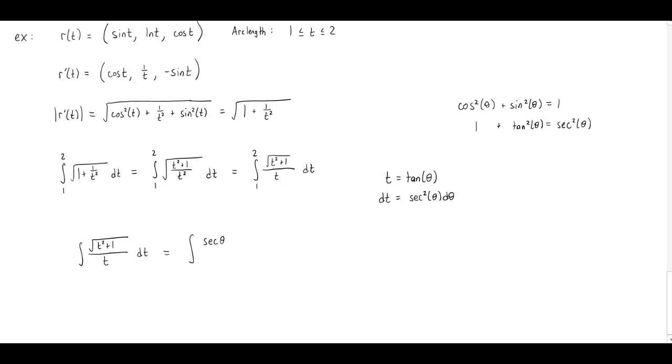Dividing by t, we substitute tangent theta for t. And then dt, we also need to substitute that. dt is secant squared theta d theta. All right?